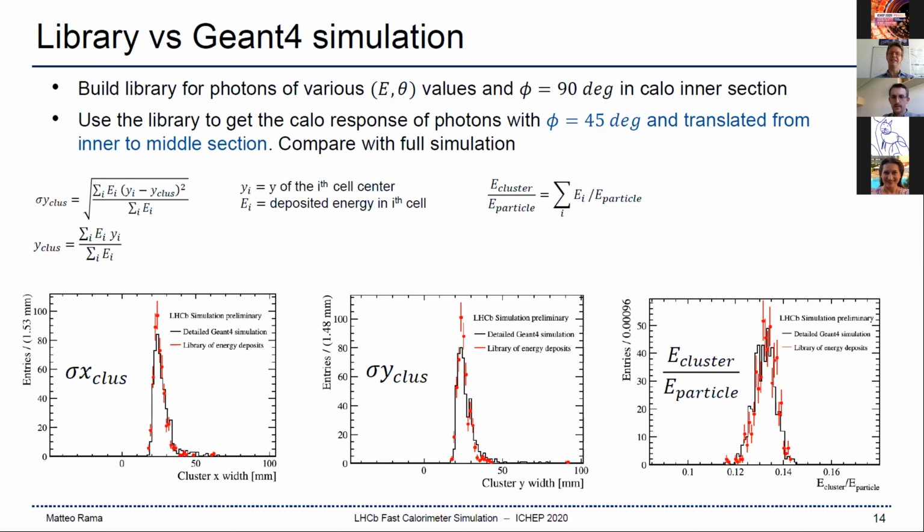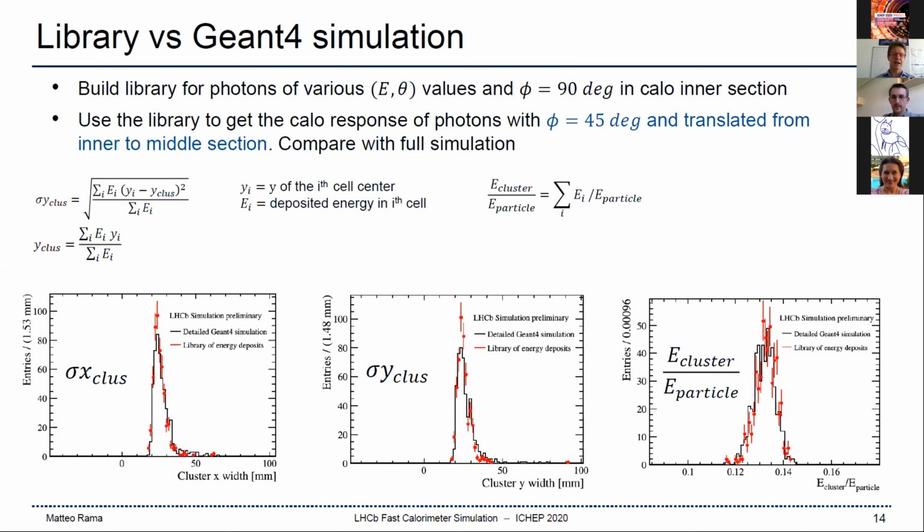And we apply this library for particles entering the calorimeter from the middle section, so in a completely different region, and with an azimuthal angle of 45 degrees. So the transformations that I mentioned before need to be applied to use the hit collection taken from the library.